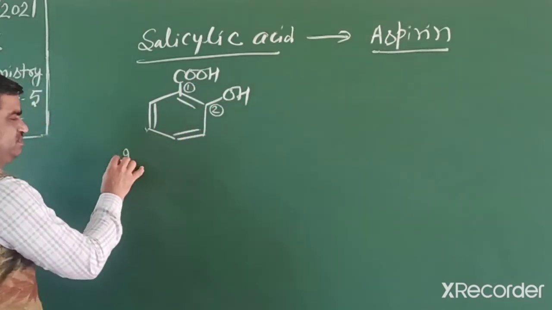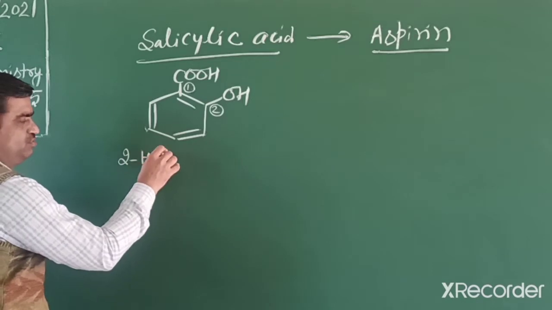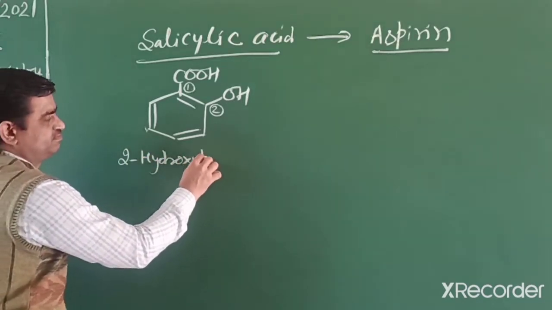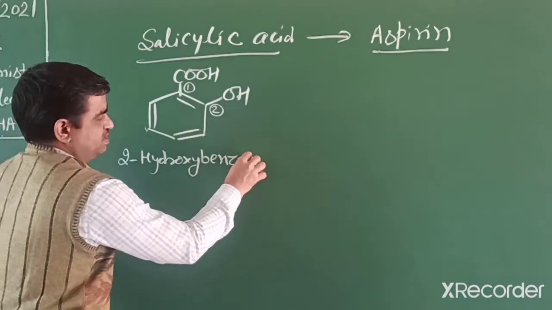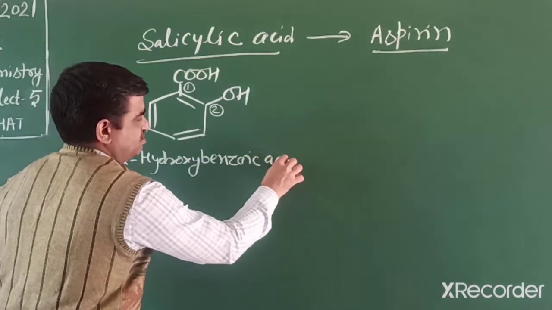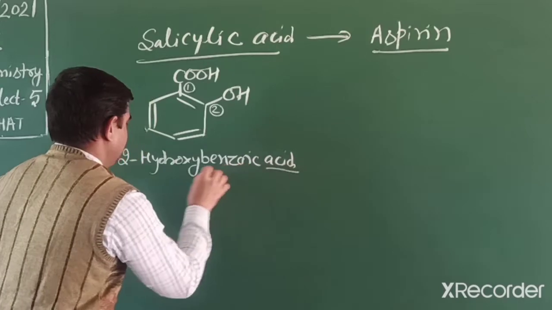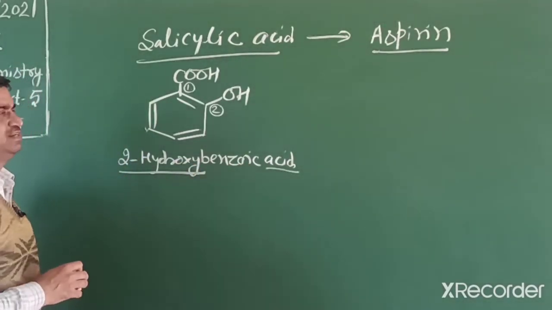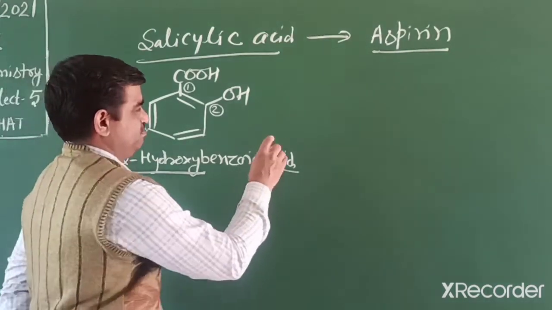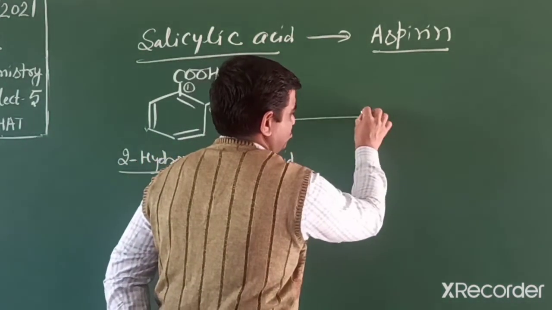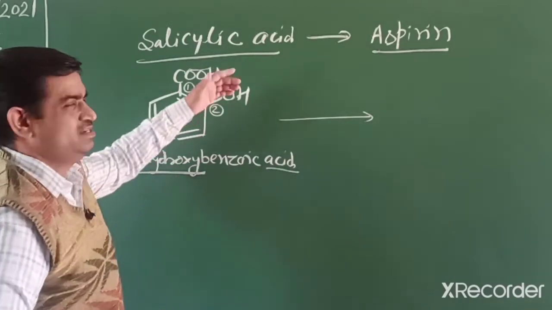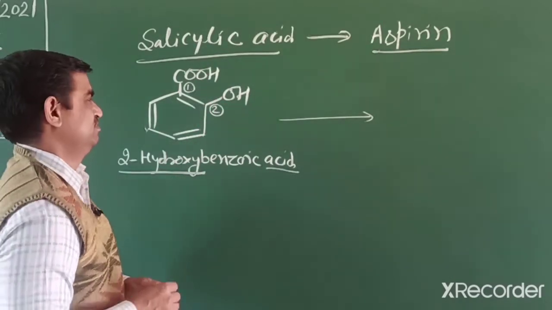So its IUPAC name is 2-hydroxybenzoic acid, and its common name is famously known as salicylic acid. And we want to convert it into aspirin, an important medicine, by an esterification reaction.